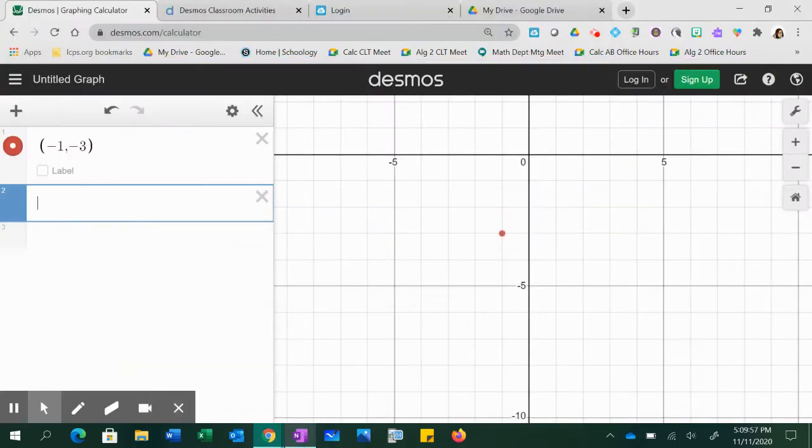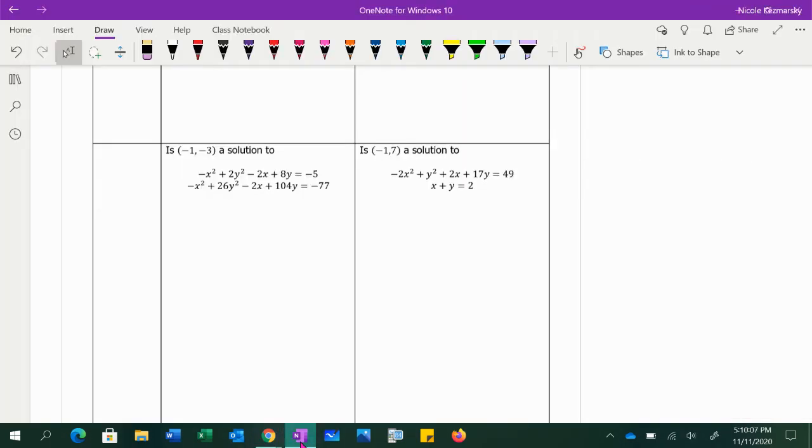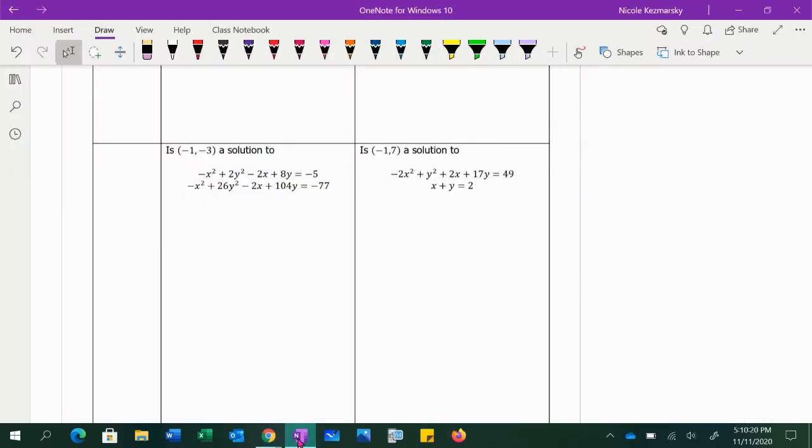So negative x squared plus 2y squared, and then minus 2x plus 8y equals negative 5.